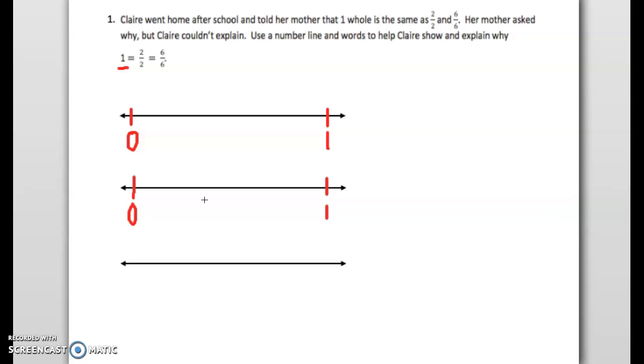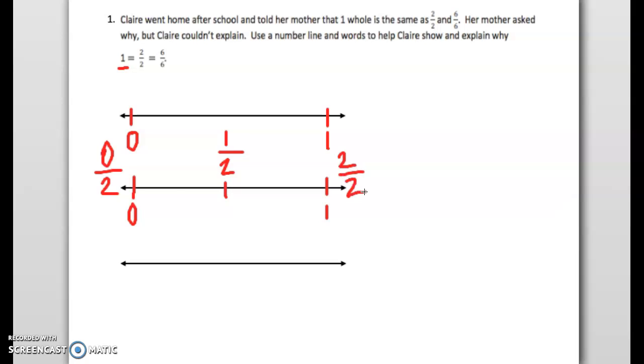Since we are dealing with halves, we know that all we need to do is add 1 line in between each whole number. Next, we're going to label each half beginning with 0 halves, 1 half, and 2 halves.